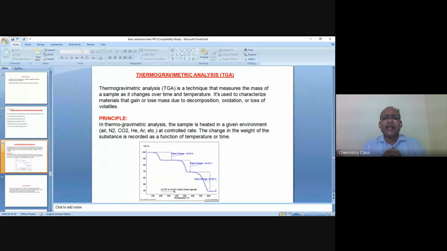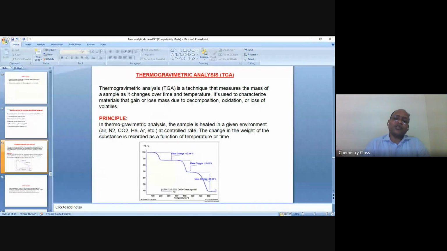Now, what is the principle? In thermogravimetric analysis, the sample is heated in a given environment like air, N2, CO2, helium, or argon. This is where we can do the experiment at a controlled rate, such as controlled oxidation or controlled reduction, so that other particles do not take part in the reaction. The change in the weight of the substance is recorded as a function of temperature and time.